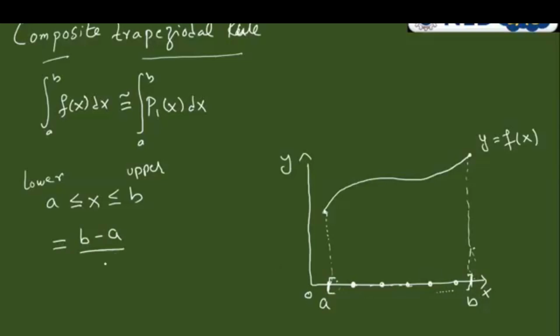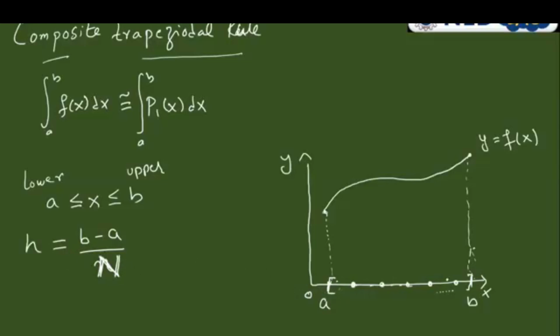Let's use the capital N symbol. I divide it into N pieces, so this will give me the length of each interval. So the length of each interval is h.